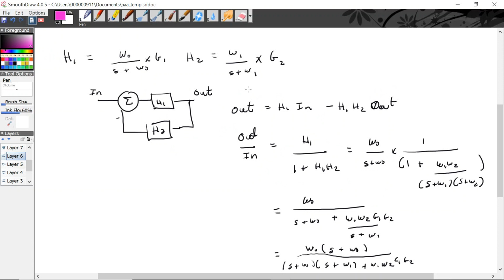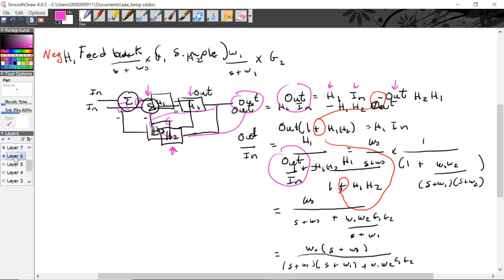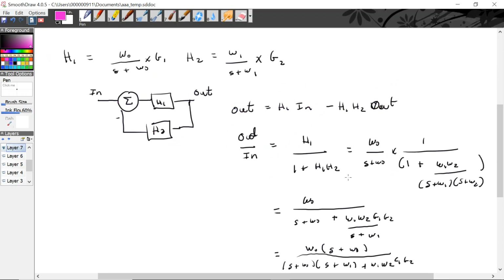So again, I'm just redoing this transfer function, but now I'm substituting things, and this is just some algebra.